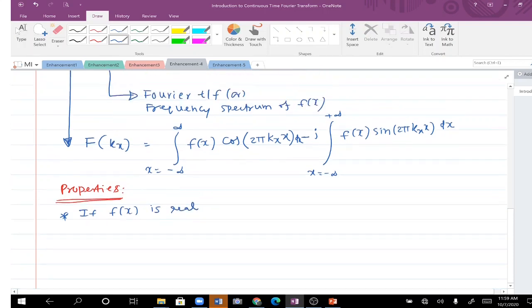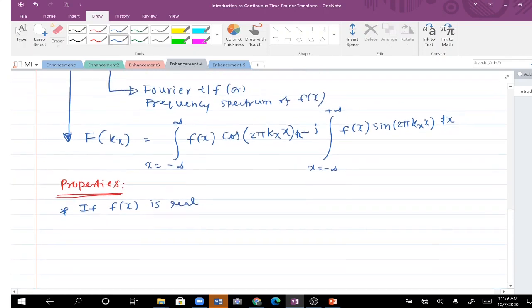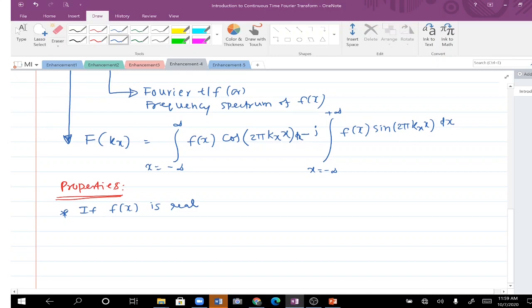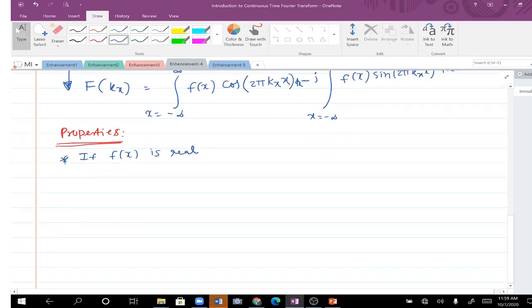This is very important because most of the time your input signals to a system are real. So then what would happen? I am not going to derive this as you have done it multiple times in your earlier courses. All I would say is F(-kx) equals F conjugate of kx.